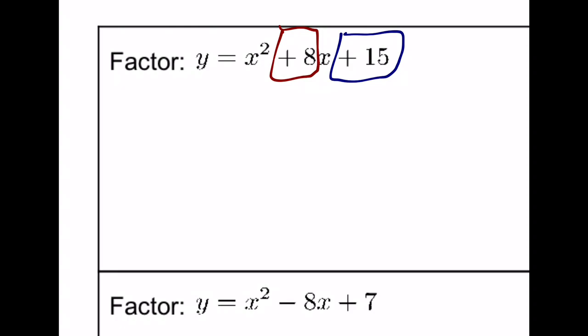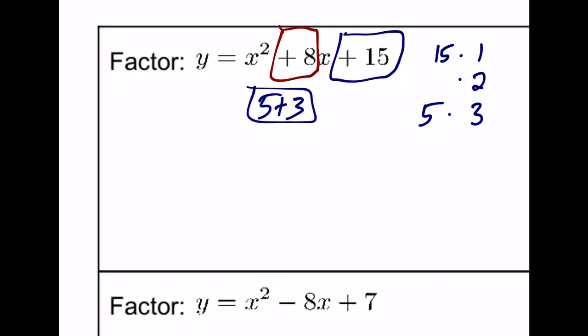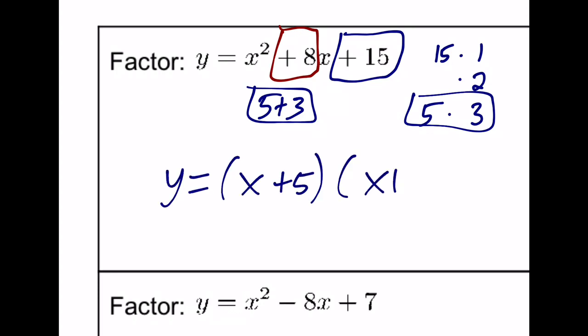So if we look through our factors of 15, 15 times 1, those don't add up to 8. 2 does not have an even number factor for 15. 3 does, 3 times 5. And if you add these together, 5 plus 3, we get 8. When we multiply them, you get 15. That's what factoring is. How do you write your answer, though? We write it like this. Y is equal to x plus 5 times x plus 3. And we're done.